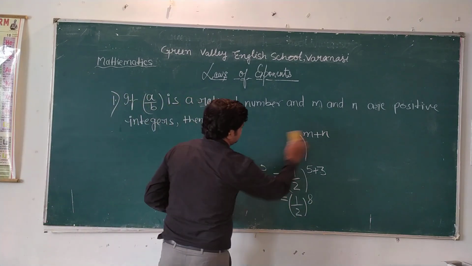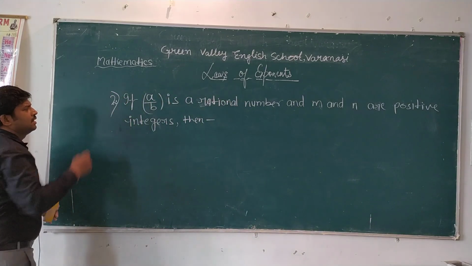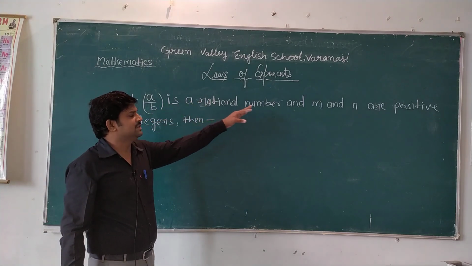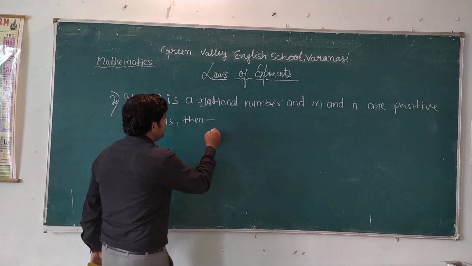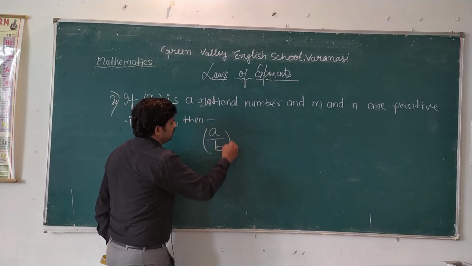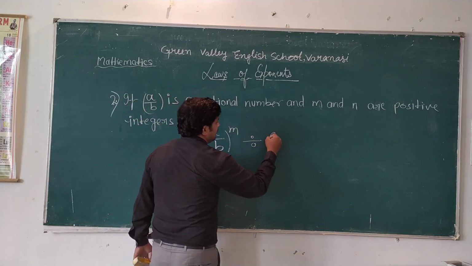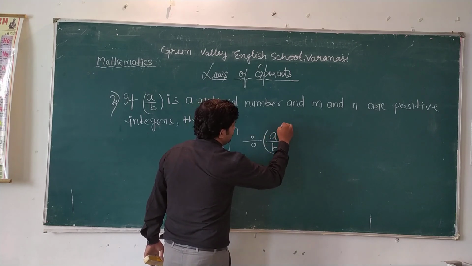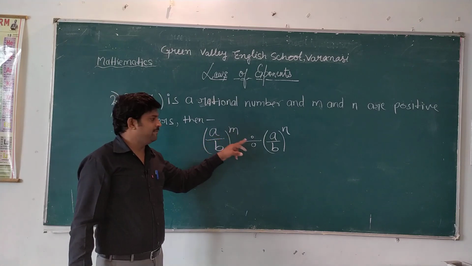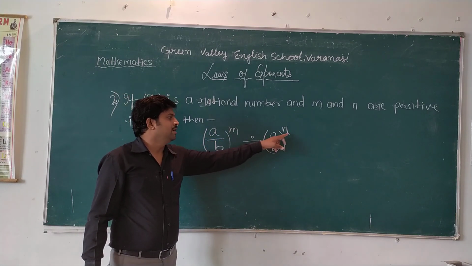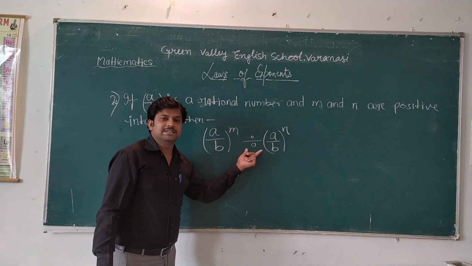The second law of exponent is: if a/b is a rational number and m and n are positive integers, then (a/b)^m divided by (a/b)^n. Here the symbol is the division sign.